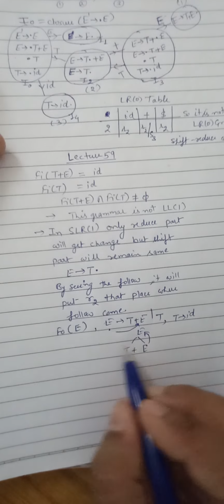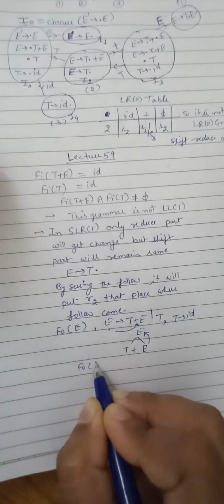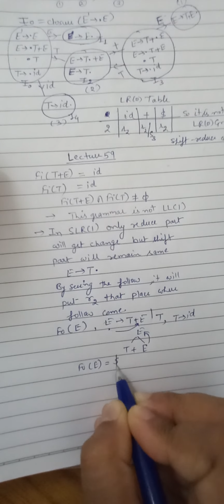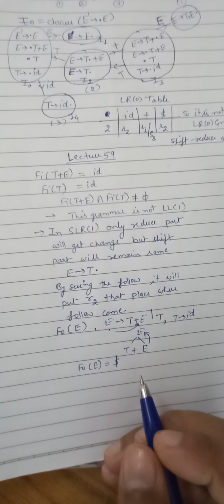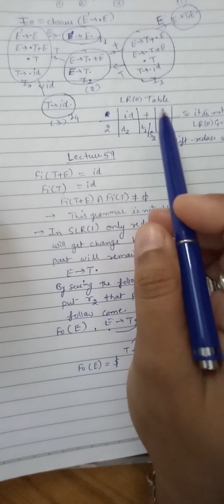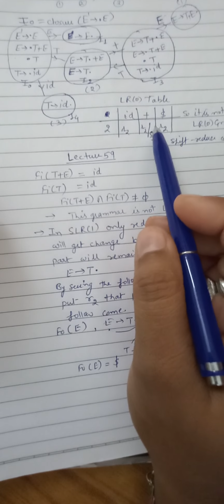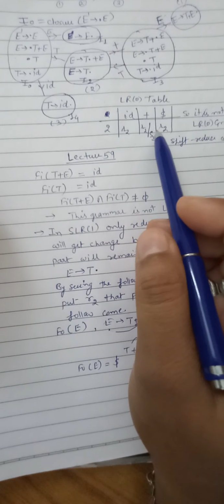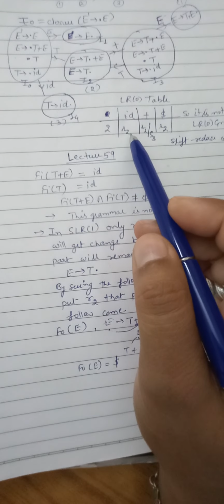Because this is the first symbol of the grammar, the follow of E will be dollar. The problem is from here, with plus and dollar symbol only. So we will write the thing here only, otherwise the rest we will keep blank.